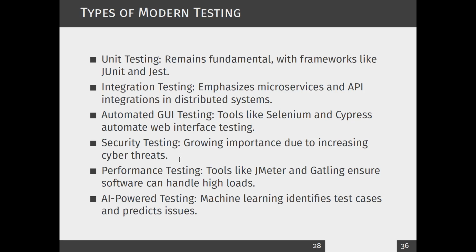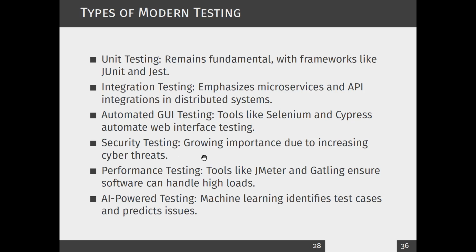Then performance testing, especially let's say you have a website where you want to check the performance. One way is you look at how many users can log in and work successfully without failing the system. That kind of testing we call performance testing.